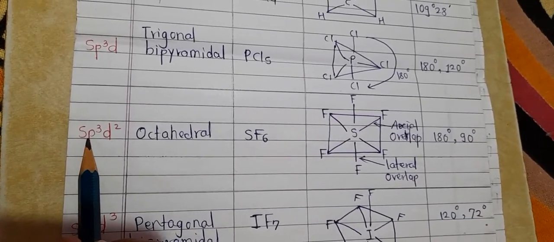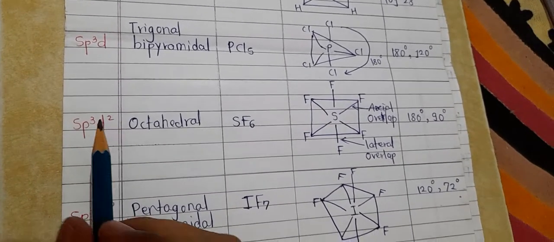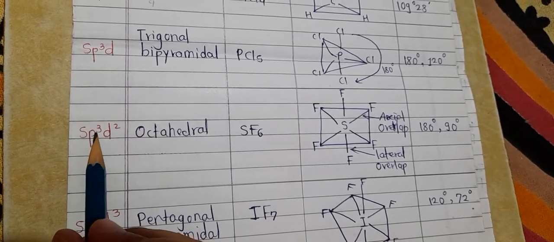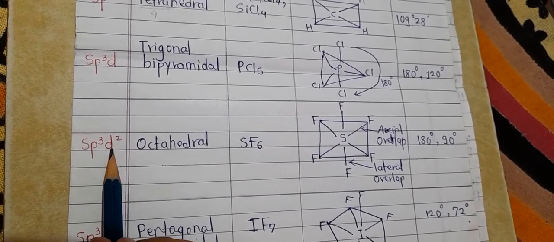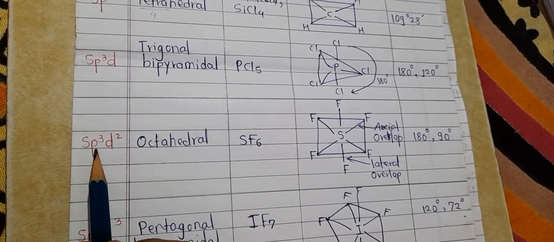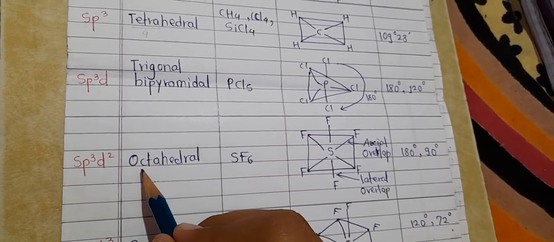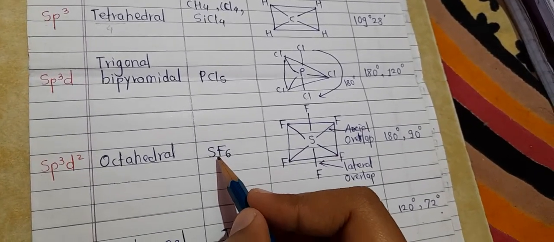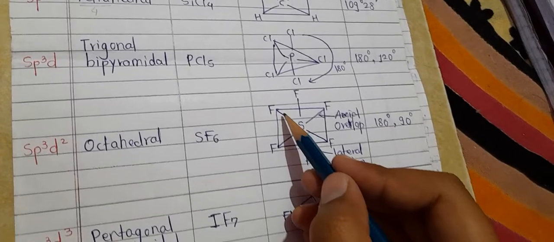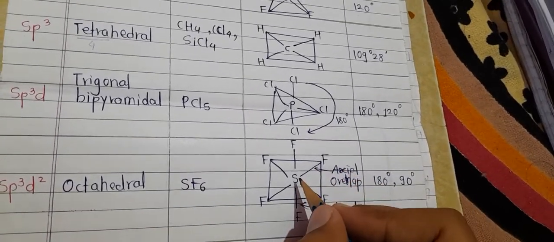Fifth, sp3d2. It is formed by mixing and recasting of 1s, 3p and 2d orbitals of the same atom. Their geometry is octahedral. Example SF6, and structure is like this.